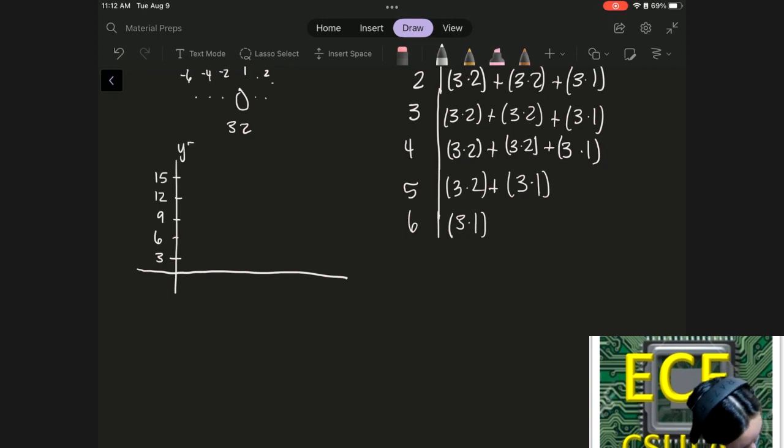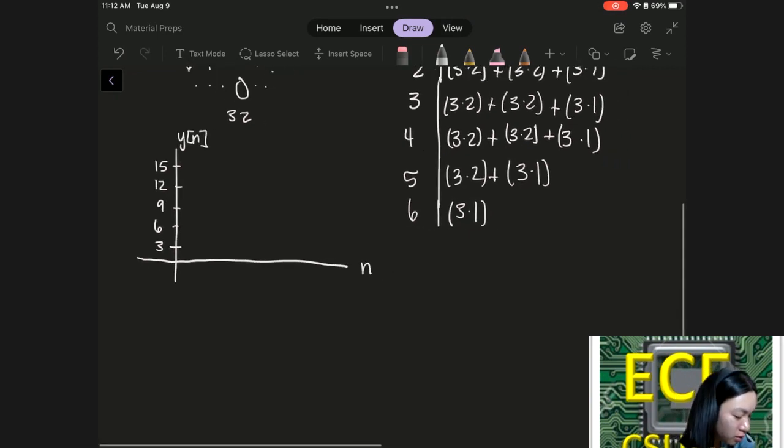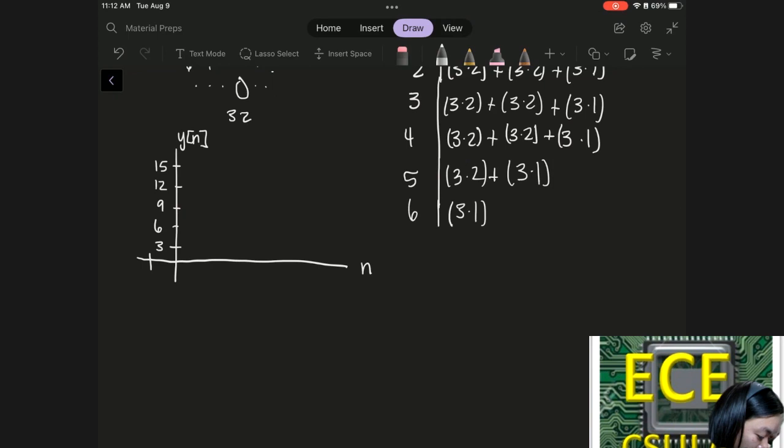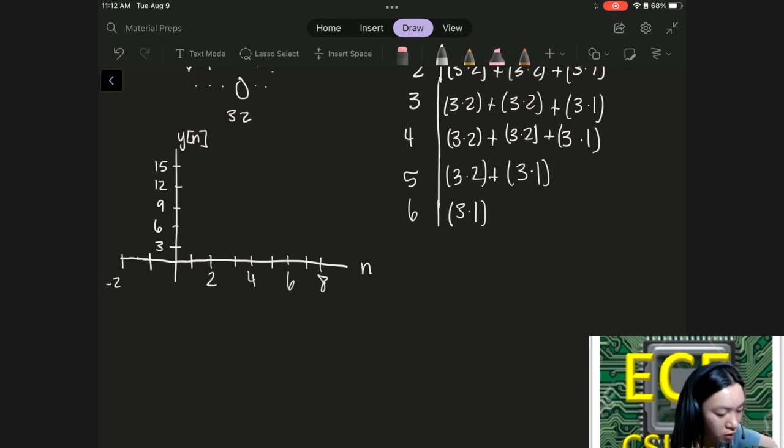This is y of n. This is n. So minus 2. It goes up to 6, right? So 2, 4, 6. And I'm going to just put some extra points.